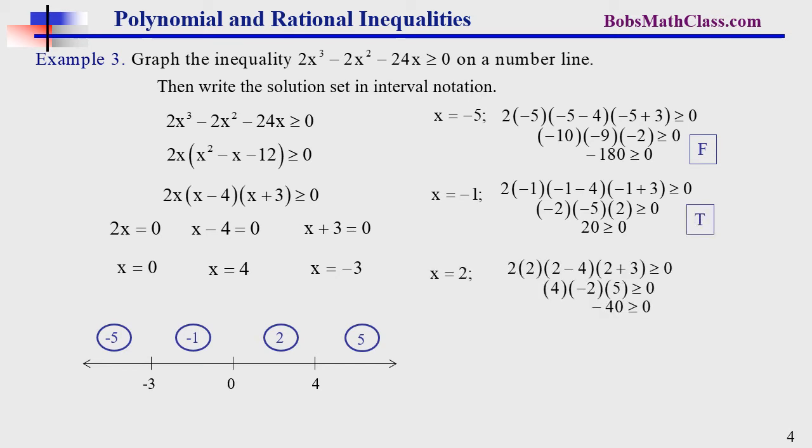For positive 2, I got negative 40 greater than or equal to 0. False. And last but not least, 5, 80 greater than or equal to 0. That's true. So it does go false, true, false, true. I didn't really go through all that. I think you should be okay going through each step.